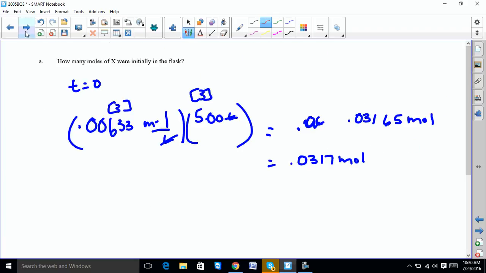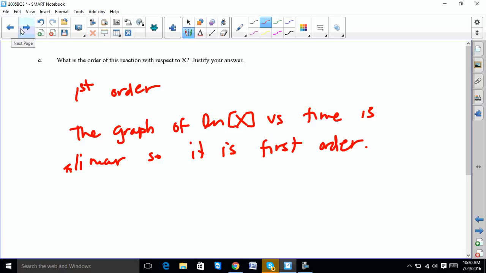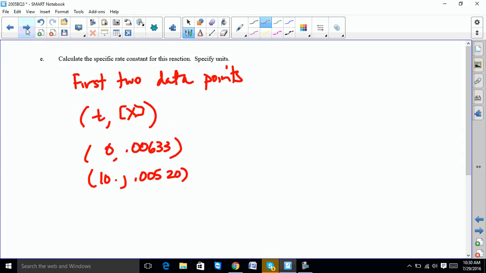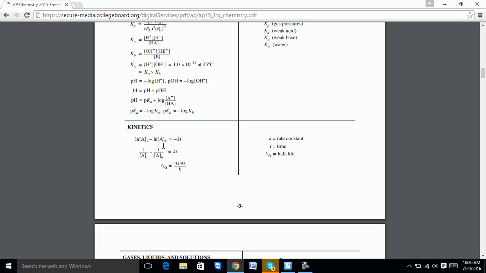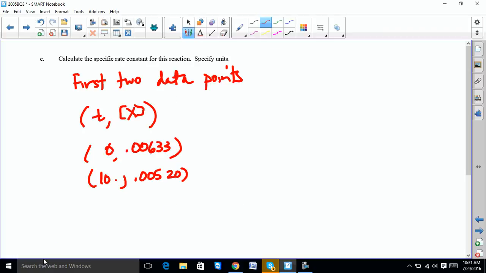And so now, because we know it's first order, we go to our formula sheet. Sorry, I'm right here. Back to this formula sheet. I'm going to grab this equation. I'm going to change A's to X's because in our specific equation, the reactant's not called A, the reactant's called X. And so what happens is I know, let me just do here, y equals mx plus b.